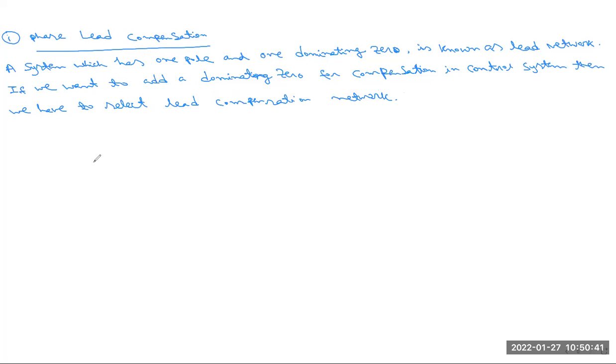And what is the circuit diagram? So here you can see, this is a capacitor, and a resistor.